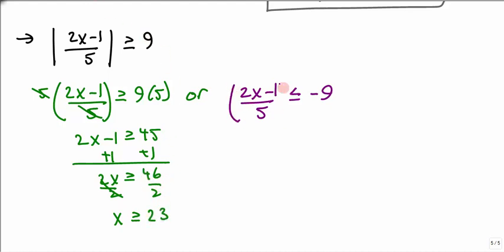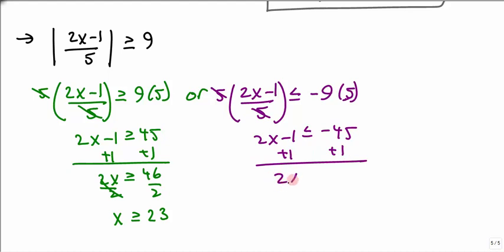Second case, I'm going to multiply both sides through by 5 as well. The 5's cancel. 2x minus 1 is less than or equal to negative 45. Add the 1. Negative 45 plus 1 is negative 44. Divide both sides through by 2. X is less than or equal to negative 22.